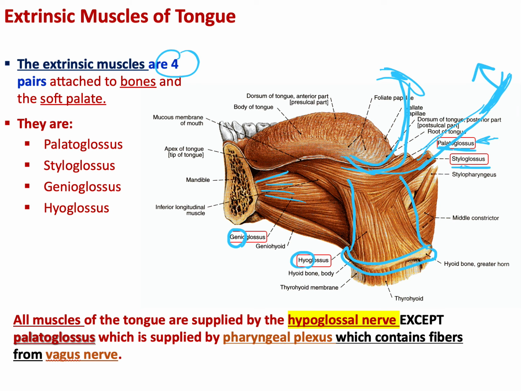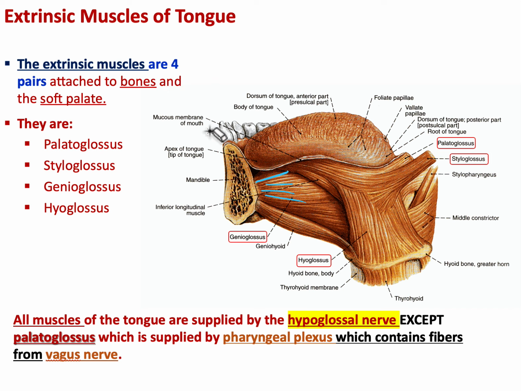Interestingly, guys, not just the intrinsic muscles of the tongue are innervated by the hypoglossal nerve, but also the extrinsic muscles are innervated by the hypoglossal nerve as well, the cranial nerve number 12, except the palatoglossus.